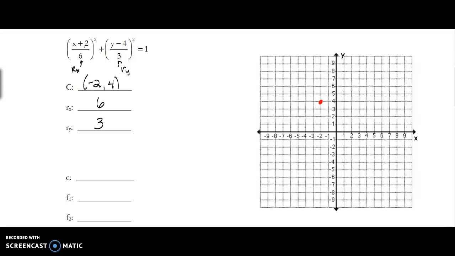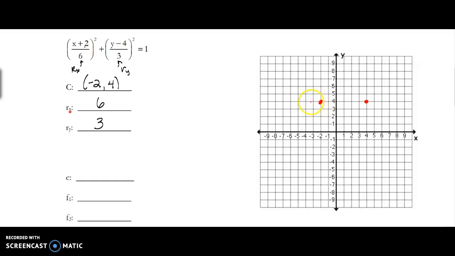So what we're going to do, since remember this is an elongated ellipse, because our x value is bigger, from our center we move 6 units to the right, 1, 2, 3, 4, 5, 6, and put a point because it's our x value.